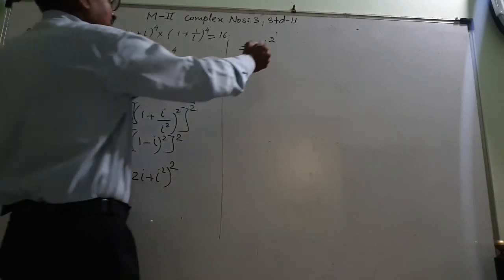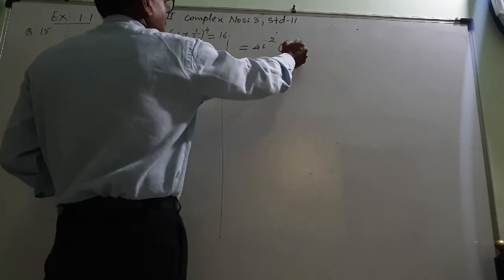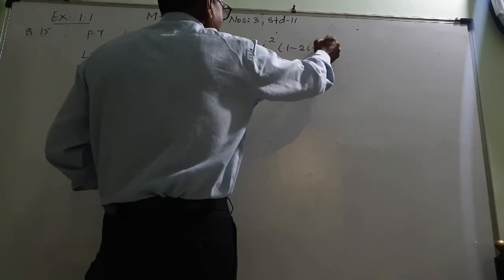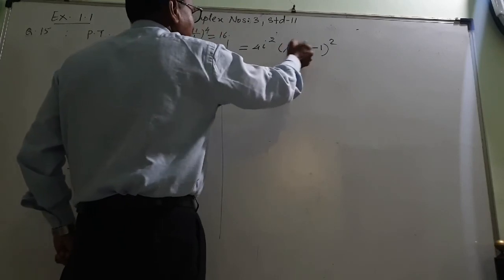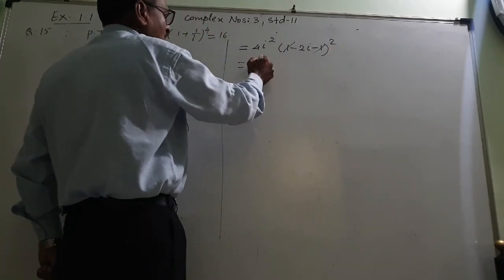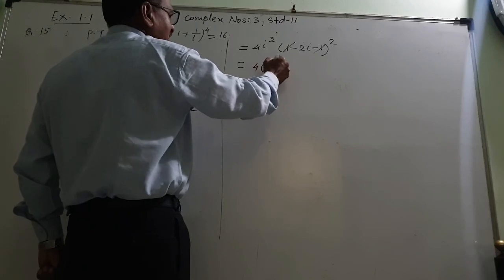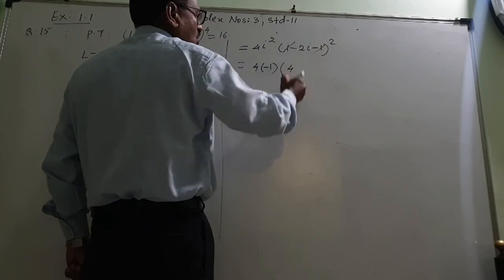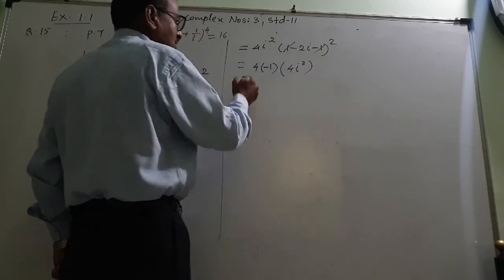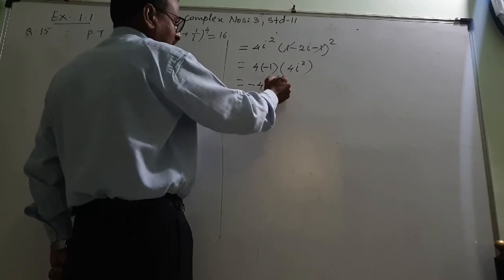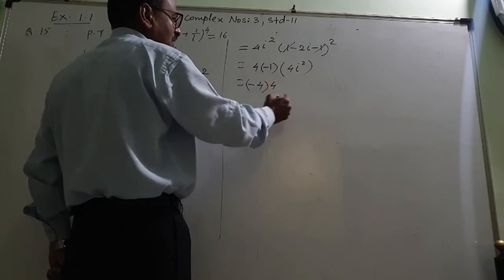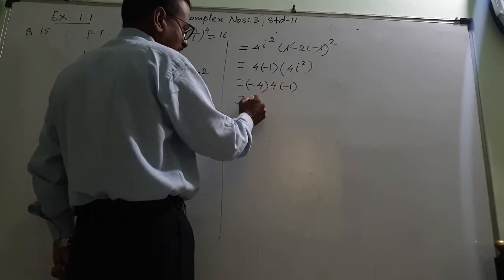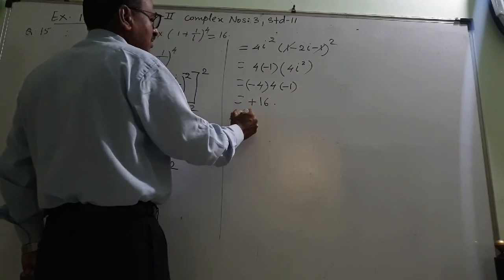Now this is (1 minus 2i), and this is also minus 1 bracket square. This one cut. So that is equal to 4, i square means minus 1, and this is (minus 2i) bracket square. Minus 2 square is 4, i is i square. So that is equal to minus 4. This is 4 into the value of i square, minus 1. This minus will become plus, and 16. LHS equal to RHS.